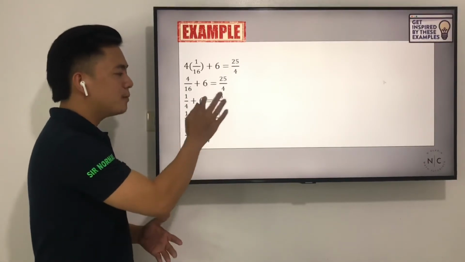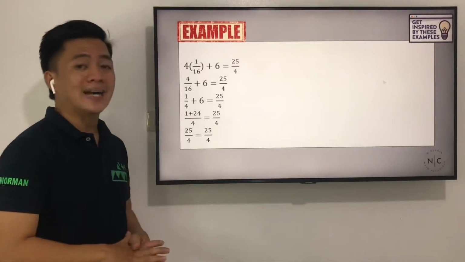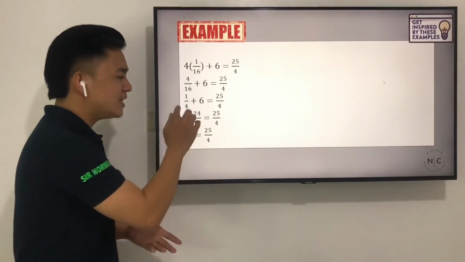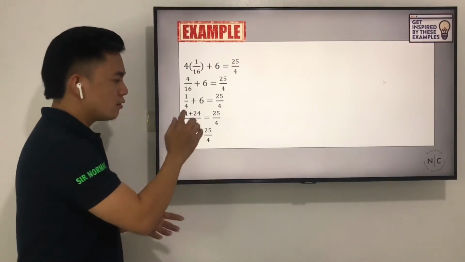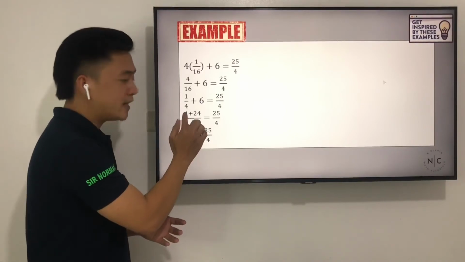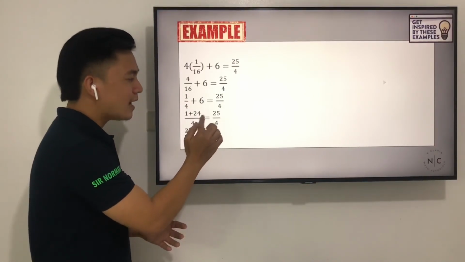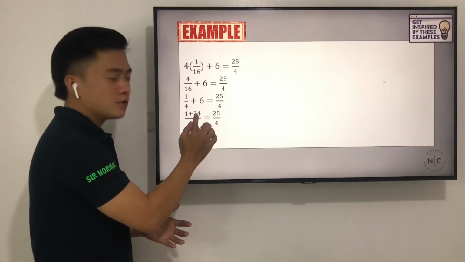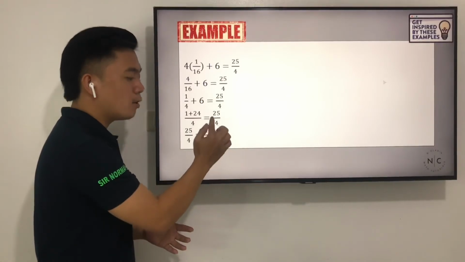Next, hindi tayo pwedeng mag-add agad ng fraction sa whole number. Hahanapin natin yung ating LCD. So LCD natin is 4 kasi yun lang naman yung meron tayong denominator. So 4, ang mangyari is same lang, 1/4. So 1 pa rin yun. Next is bakit naging 24 to? 4 times 6 is 24. So kaya ang nangyari is 1 plus 24 over 4 is equal to 25 over 4.